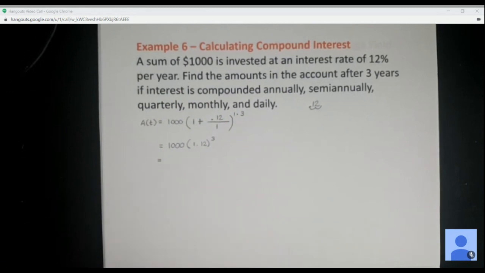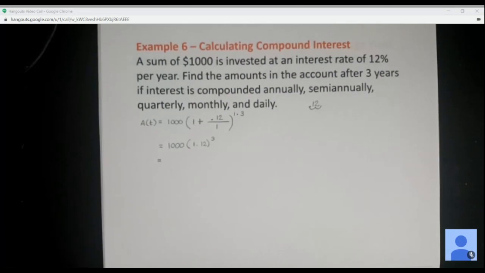Okay, so we got, all right, so let's see. So Kenneth's got 1728. Anybody get anything other than that? Yes, there we go.